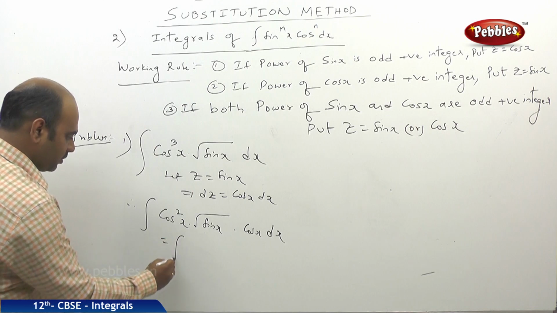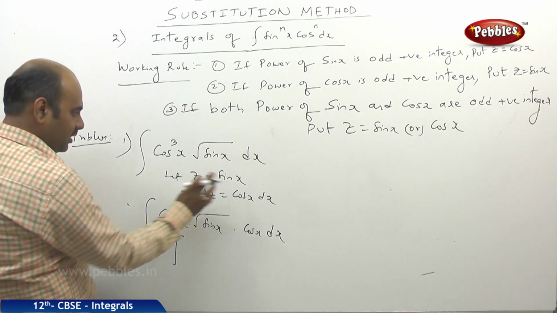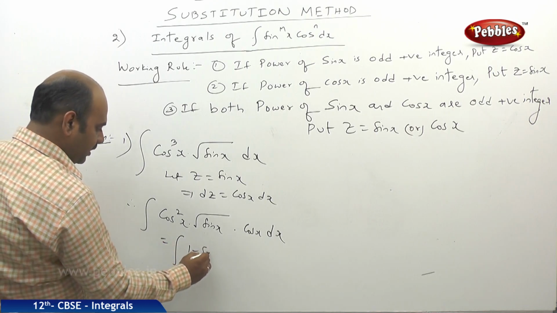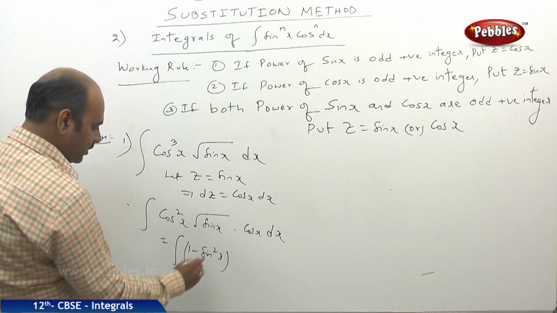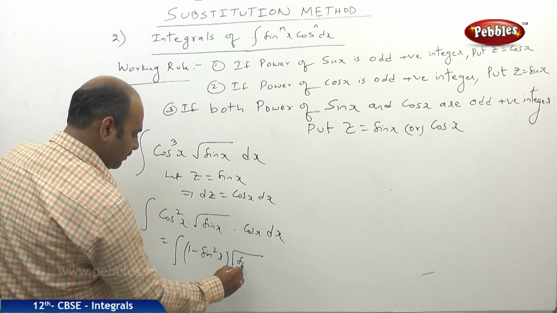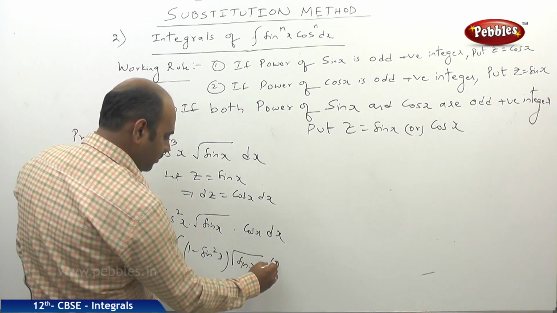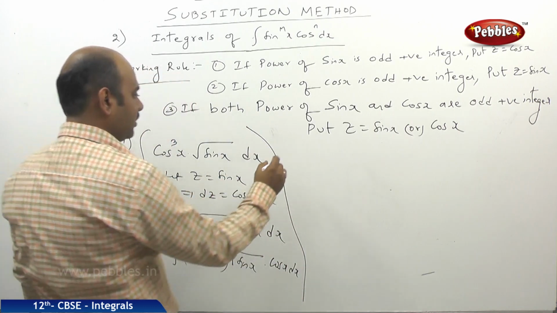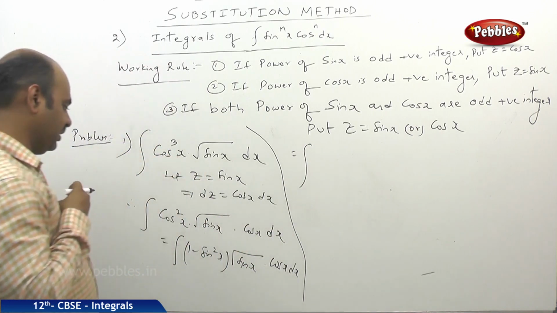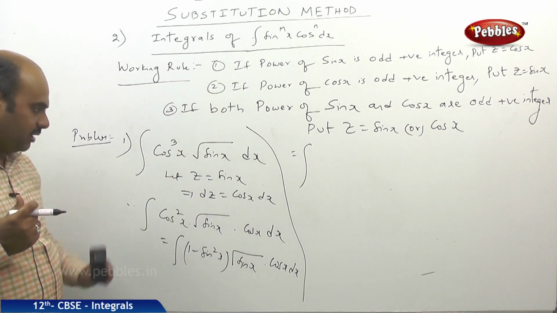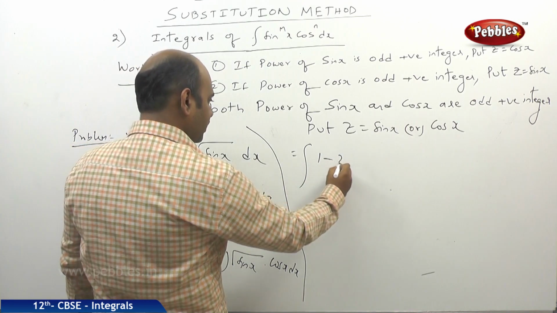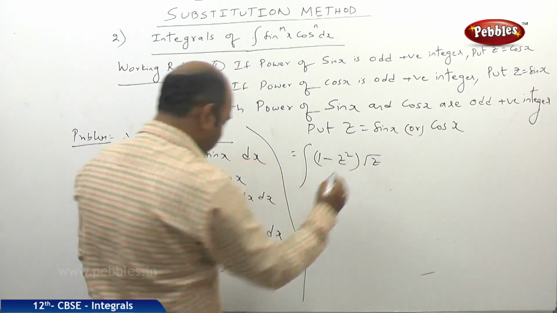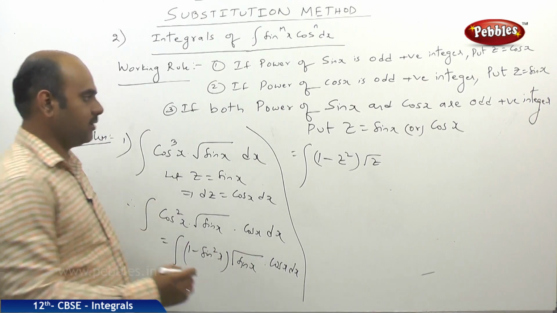So that is equal to integral of, when I said z is equal to sin x, cos square x we can write as 1 minus sin square x, into under root of sin x into cos x dx. So finally, that is equal to integral of, in place of sin x, z, so it reduces to 1 minus z square into root z, and cos x dx means dz.